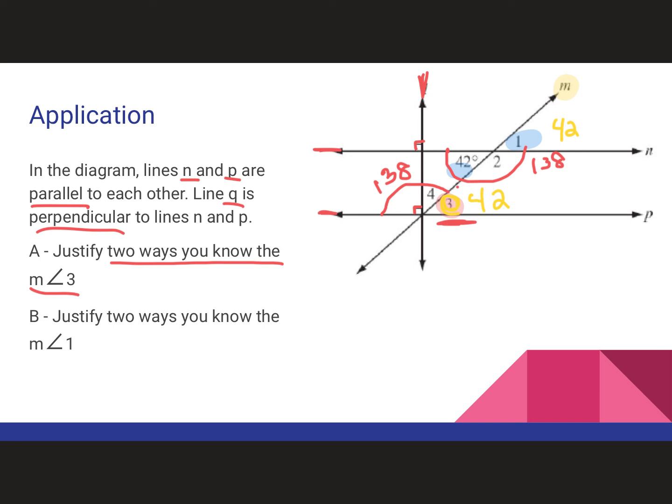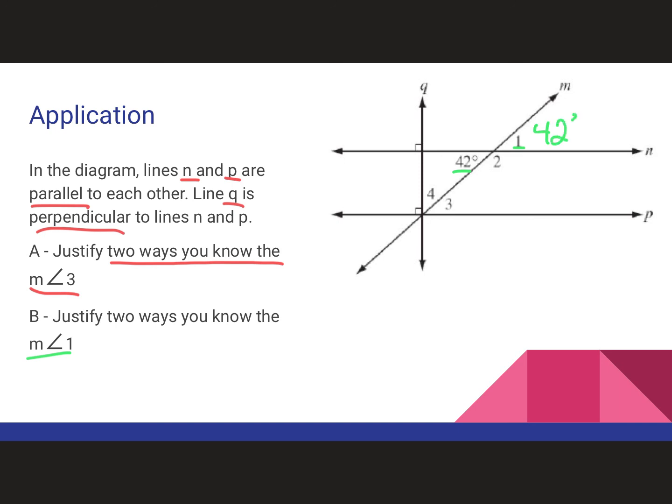I'm going to erase all this and start again so we talk about the measure of angle 1. Okay, so we're trying to find two ways we know the measure of angle 1. Well, I know one way I know the measure of angle 1 is it's a vertical angle with the angle that says 42. So I know because of their vertical angles. And then I need another way.